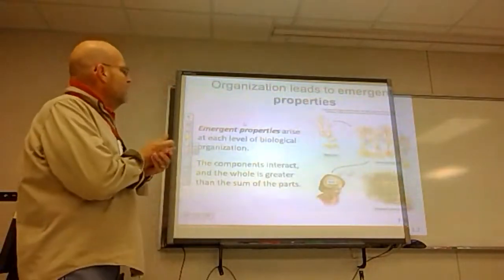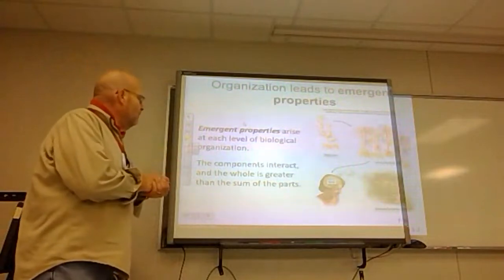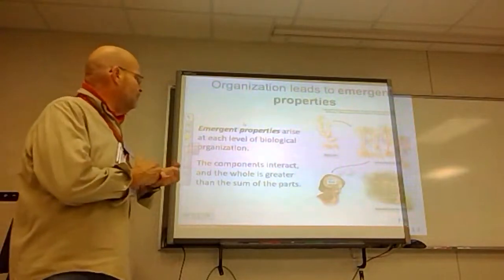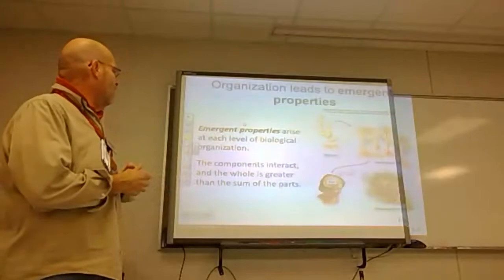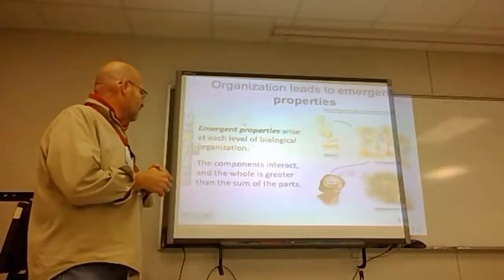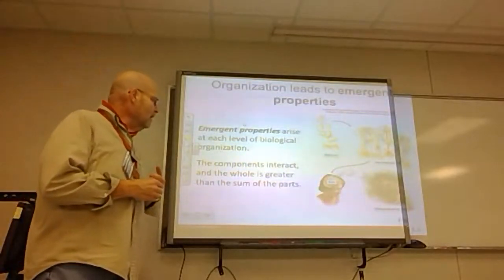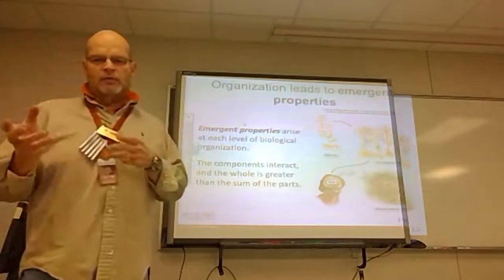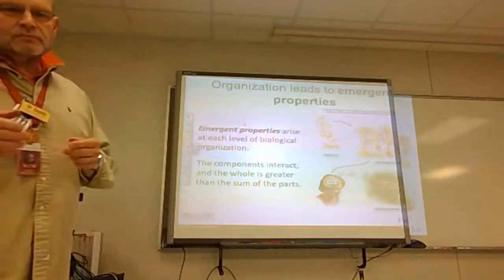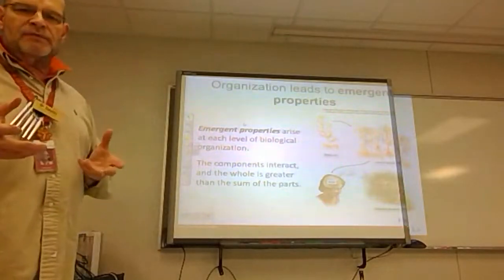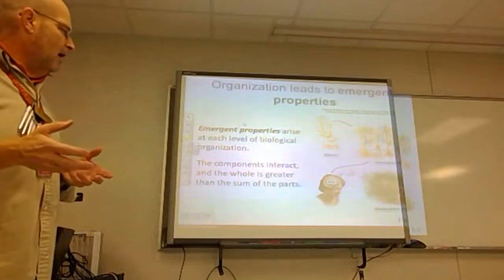Now, organization can lead us to what are referred to as emergent properties. These are things that arise from our different levels of biological organization. This is where components interact with each other to make us be able to function the way we function.